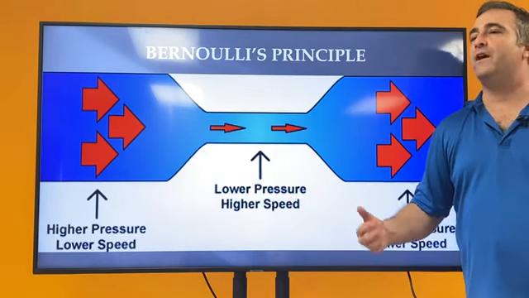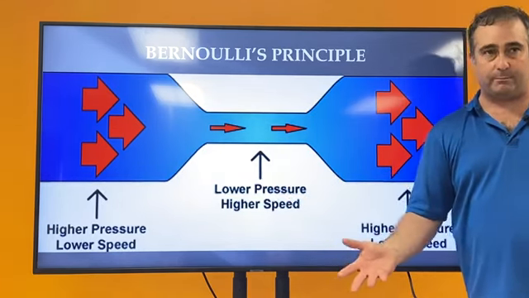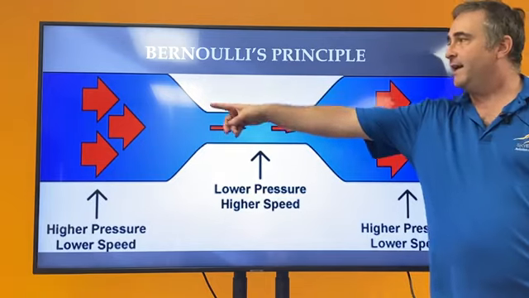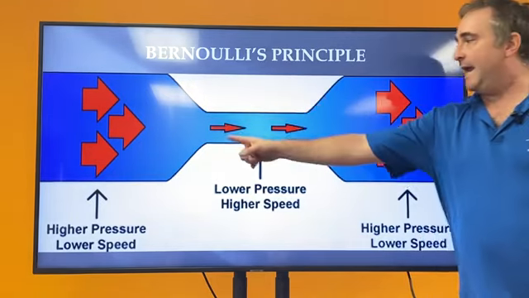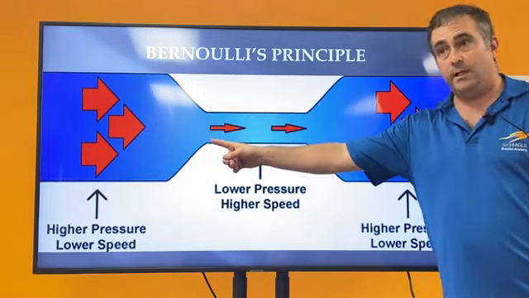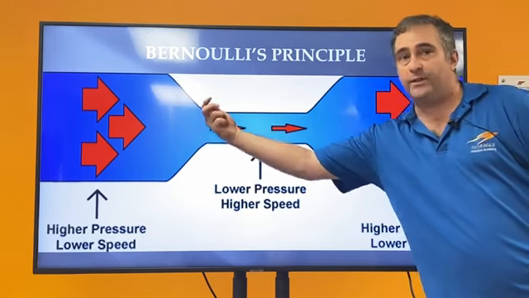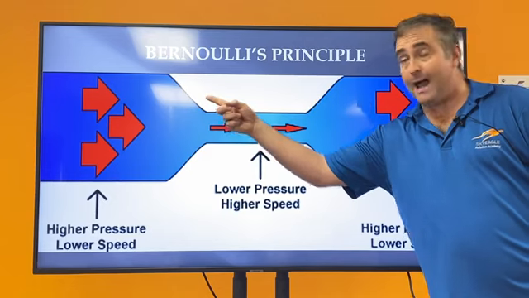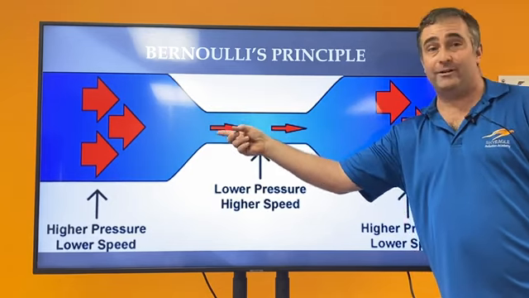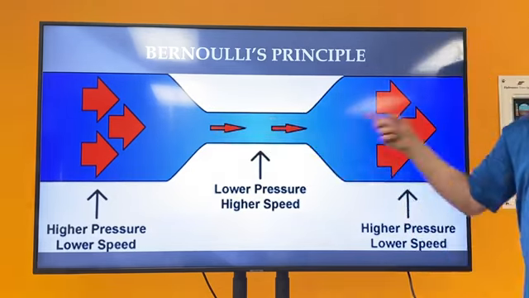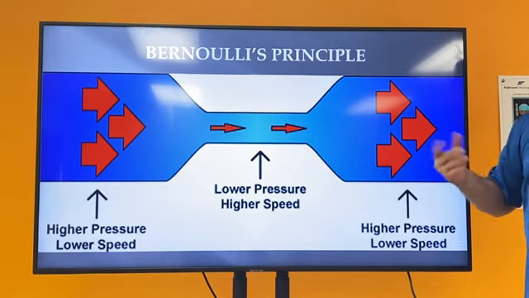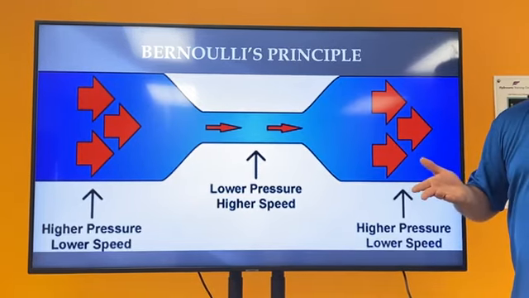A very, very simple way of remembering this is if I had a crowded auditorium and an exit and I shouted fire, everybody would move this direction rapidly, but when they got here, it would be very difficult for them to move, right? Well, it would create more pressure.